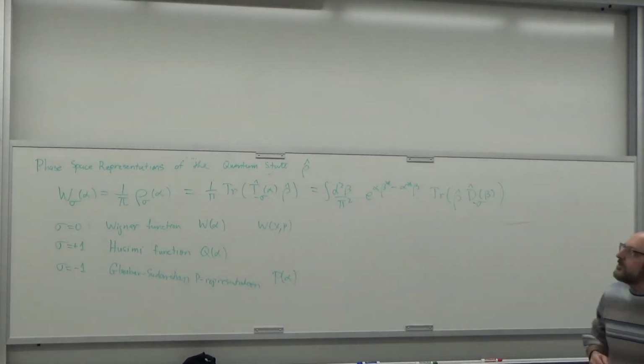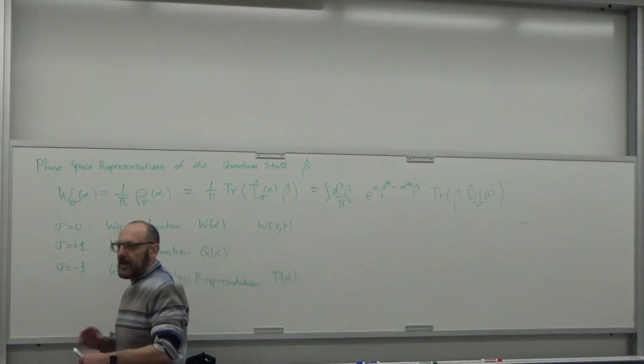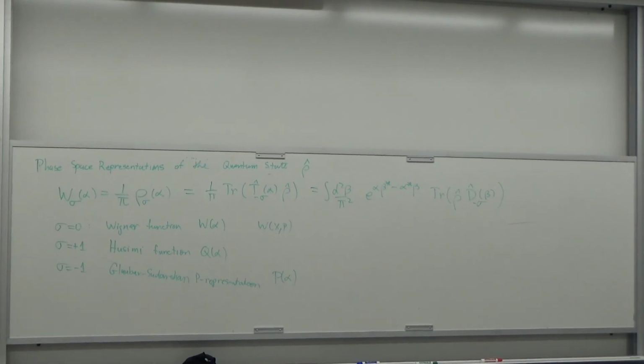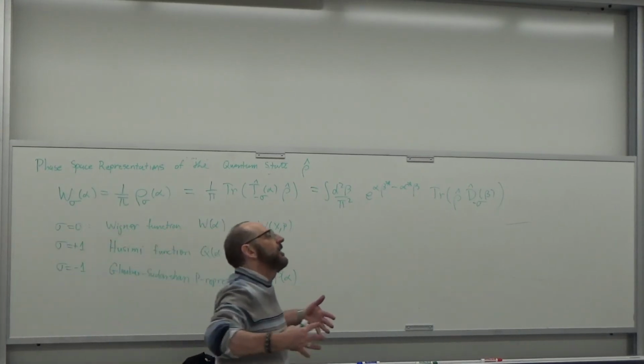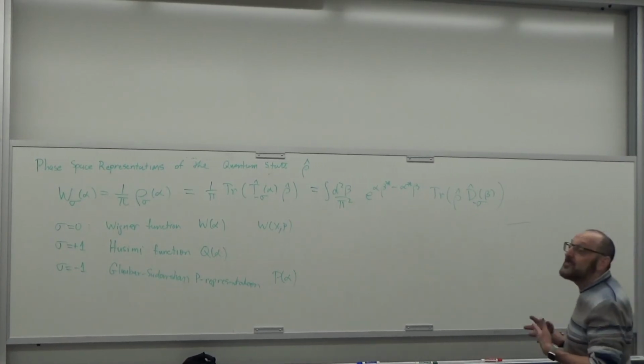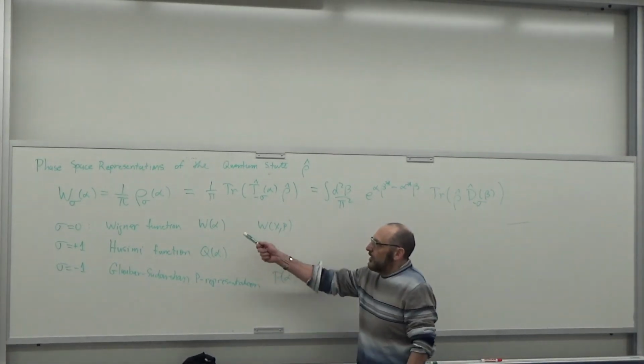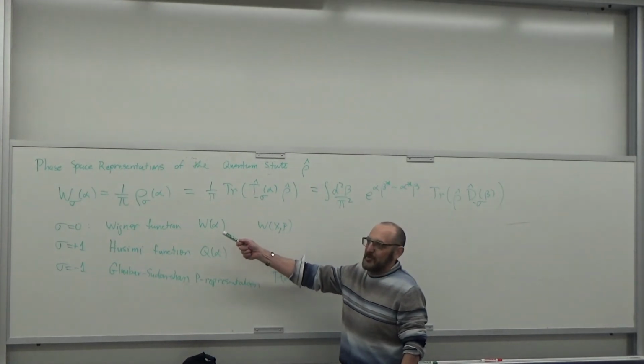Okay. So these are, as we motivated earlier in the last lecture, different ways that people thought about phase-space representations, but they were later understood to be just different operator orderings that will have physical significance. Okay? So the Wigner function was written down in the 30s by Wigner.